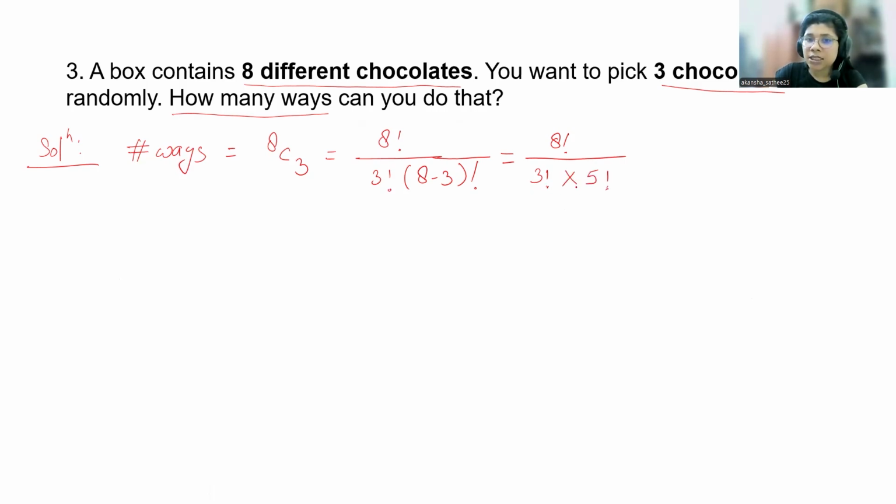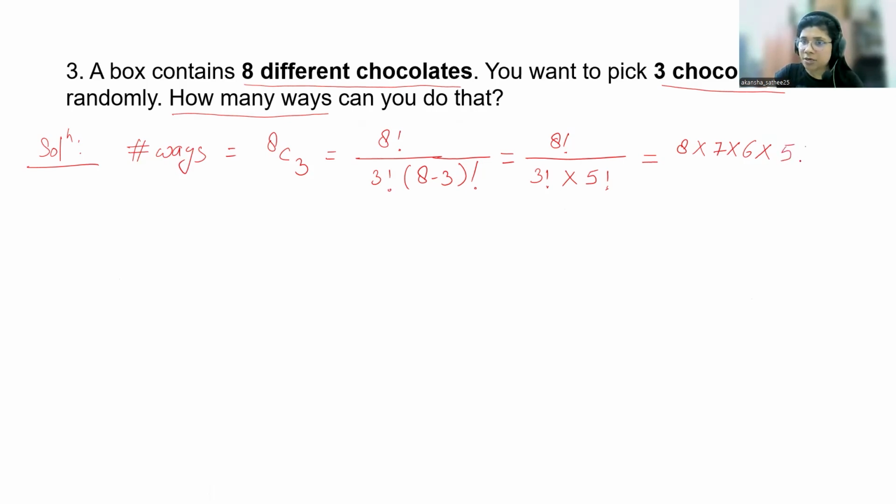Now you can see that 5 is bigger than 3. So you have to split your 8 factorial into a product of certain numbers into factorial 5. That you can easily do by 8 into 7 into 6 into 5, 4, 3, 2, 1.